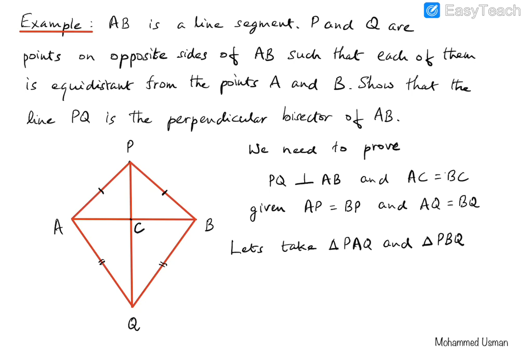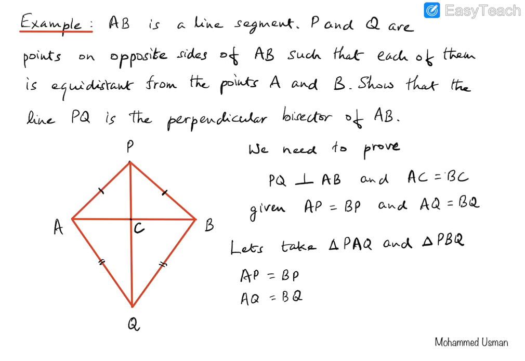In these two triangles, we know that AP is equal to BP. That's one side. AP equals BP, that is given to us because P is equidistant from both A and B. And the second side, AQ, is also equal to BQ.